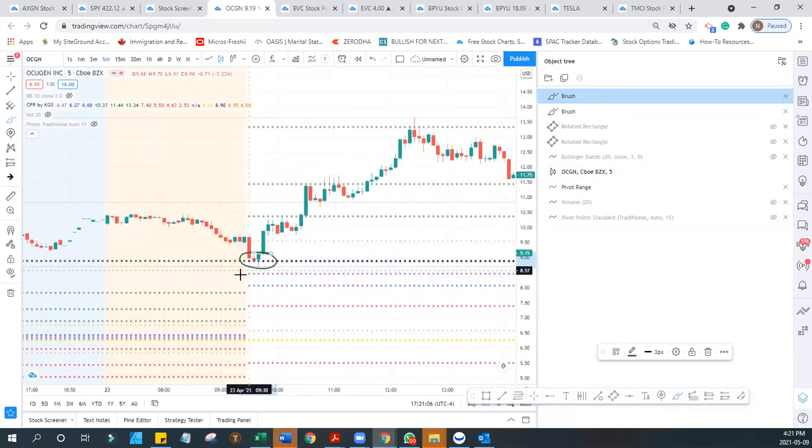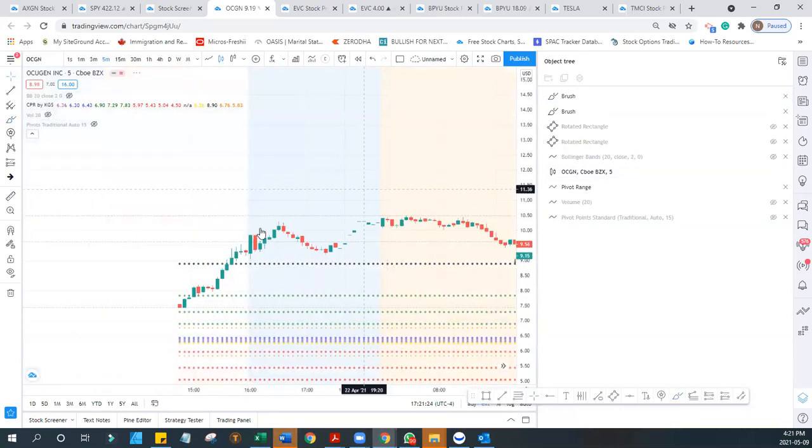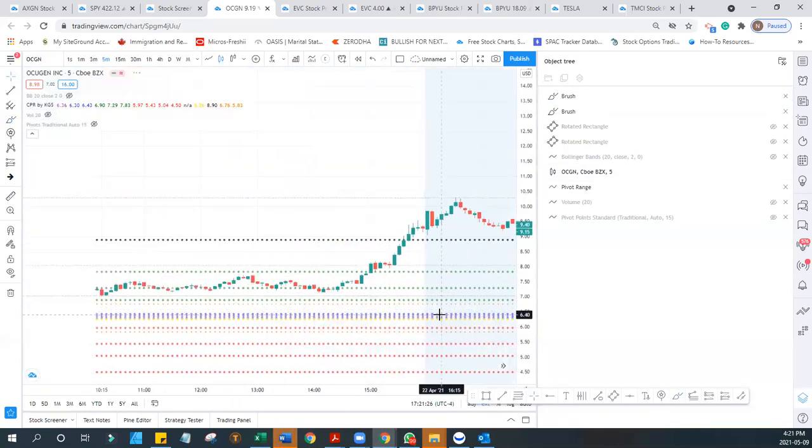If I find more examples, I will check it. But usually it gives a pretty good result when it comes from the weekly or monthly. When it takes support from the monthly or weekly, specifically in the early 5-10 minutes in the morning, it gives a good result on any stock. Okay, let me see.